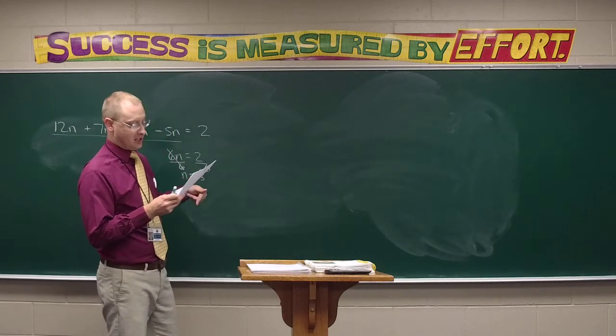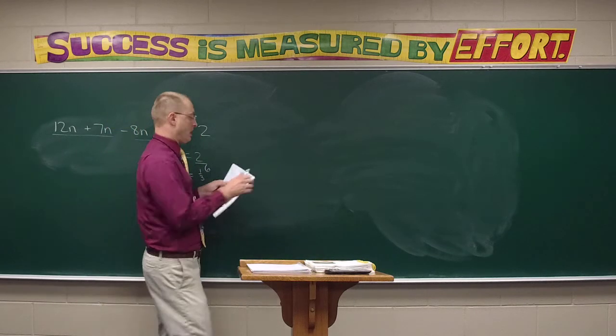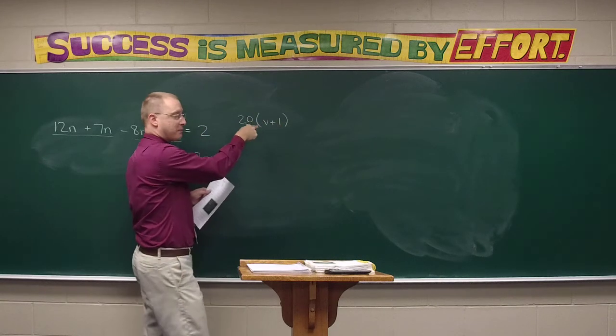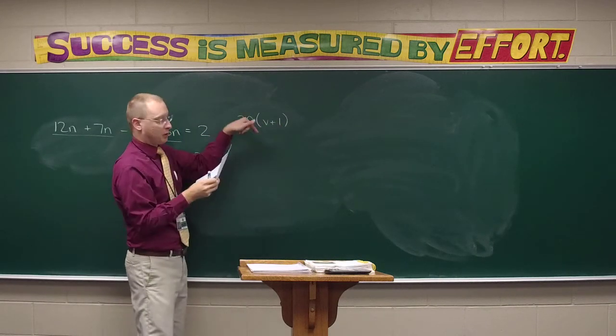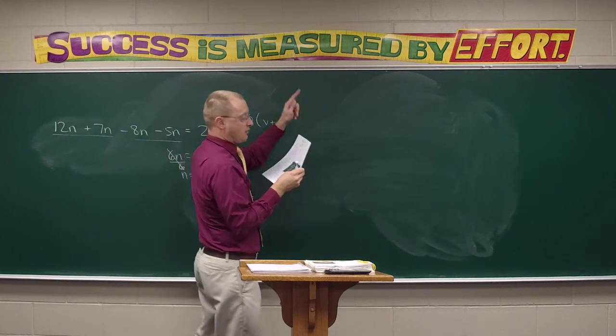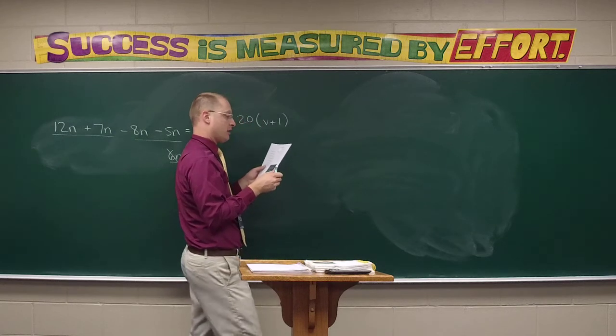60 and 3 cancel to give you 20. But the 20 you're left with has to be multiplied by the grouped v plus 1. Now, it's not grouped with parentheses, it's grouped with a fraction bar, but it's nonetheless grouped. The 60 and the 5 are going to cancel to give you a 12.